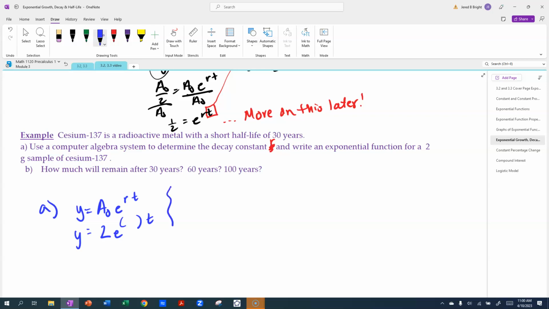Now, what do I actually need to put in a computer algebra system like Wolfram Alpha? That's where this half-life equation comes into play: 1/2 equals e to the RT, and specifically, I want to know what R is if t is 30. So I'm going to tell Wolfram Alpha to solve that.